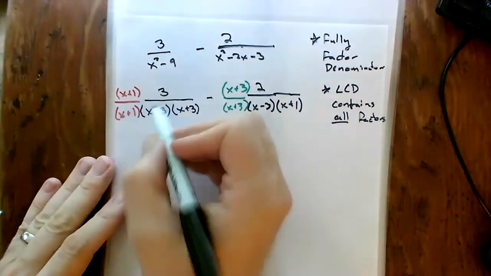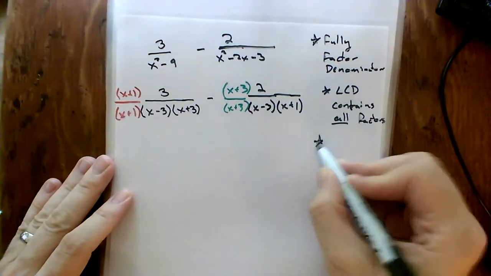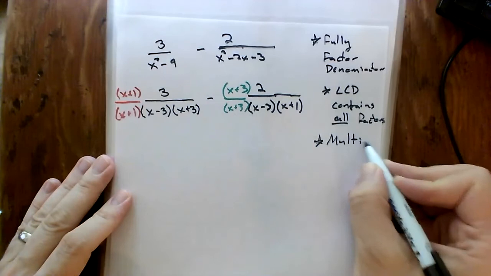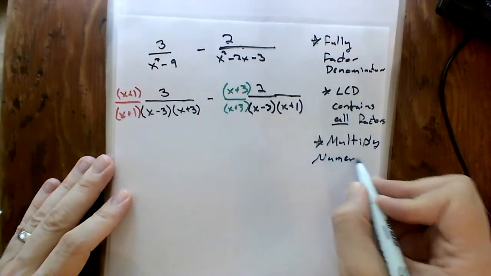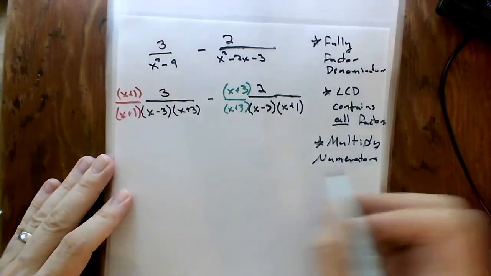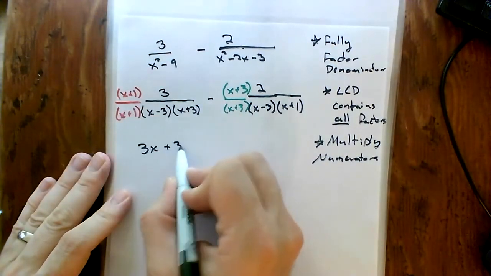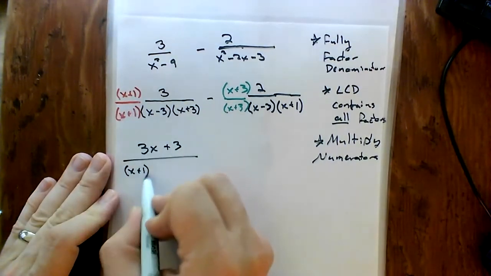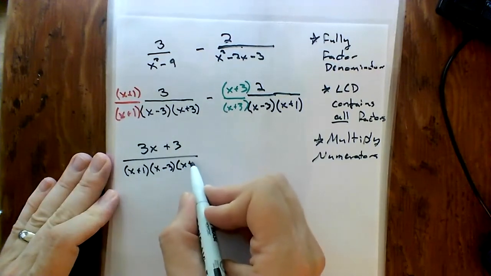Now I have to multiply my numerators. You must multiply your numerators before you add. So this is going to be 3x plus 3, and this is my x plus 1, x minus 3, x plus 3.